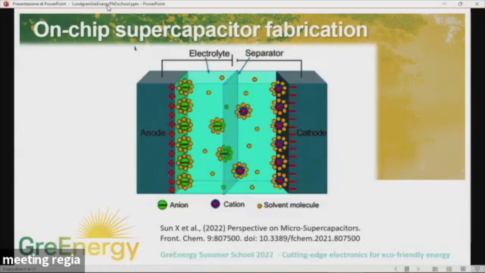So in principle, we want to store energy by storing charge at a surface by moving ions from or within the electrolyte out to the electrode surfaces. So charge is stored at the surface, and this is in this device the way we can store energy capacitively.